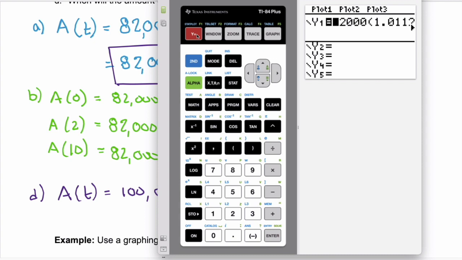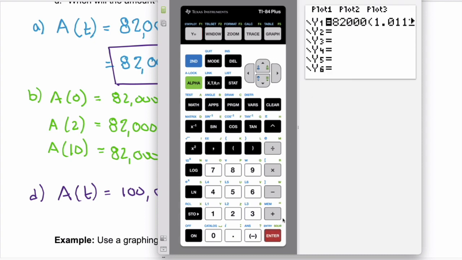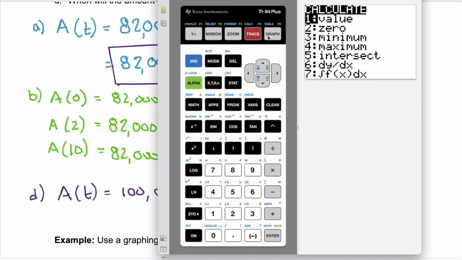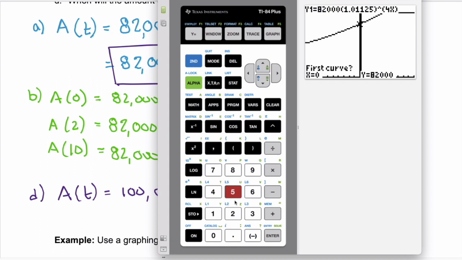If we go back to the y equals, we can put in a second graph for $100,000. We can hit graph and see it gives us that horizontal line representing the $100,000. And we can see that there's a point of intersection. Well, if we hit second and then trace, you see number 5 says intersect. Hit 5 and it's going to help you calculate the approximate intersection.